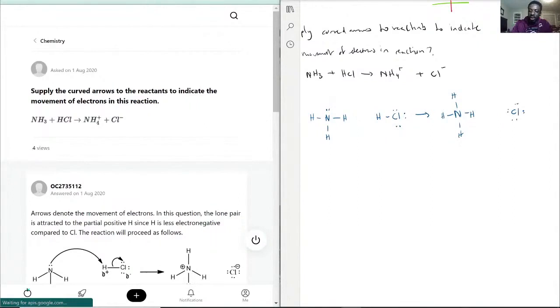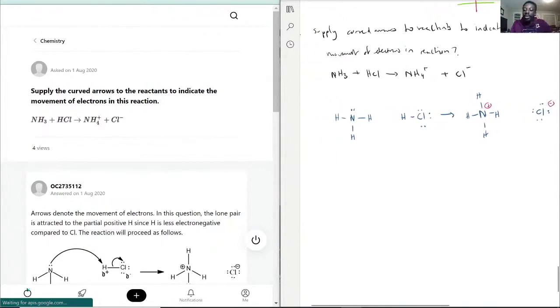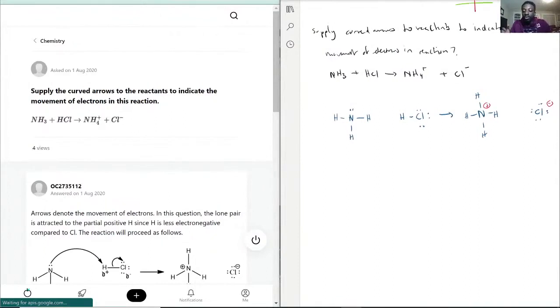Alright, so with NH4 plus and Cl minus, how would this happen? You have to watch really closely. Nitrogen has 1 lone pair, and chlorine is turned into an ion with 4 lone pairs.